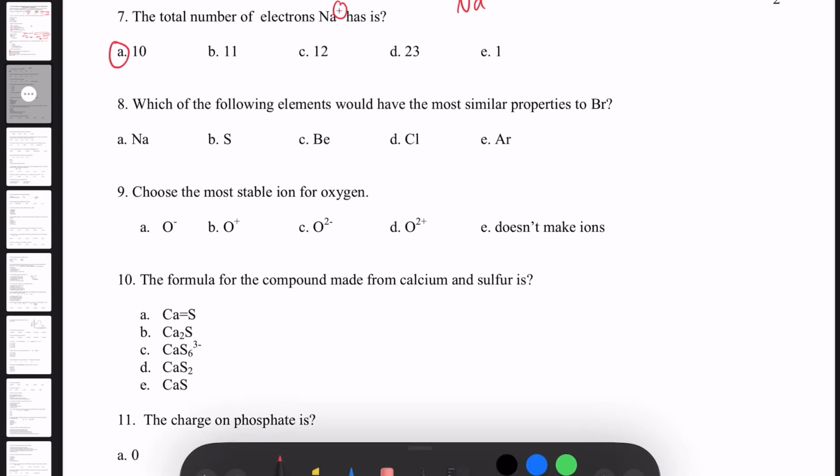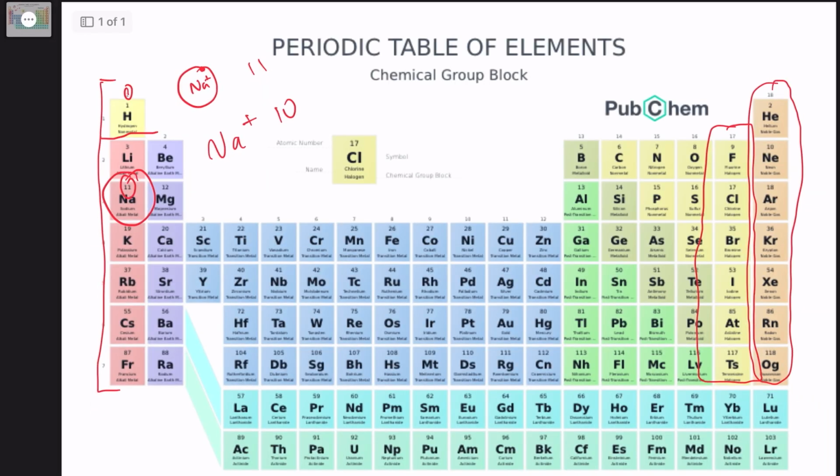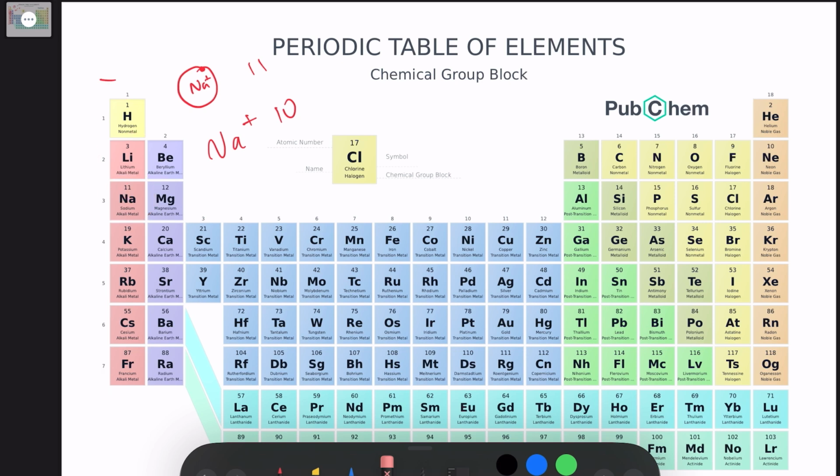Which of the following elements would have the most similar properties to bromine? When looking at properties, we can see the properties of an element by the group number. So we're looking at bromine right here, and atoms with similar properties are going to be atoms below it or above it.